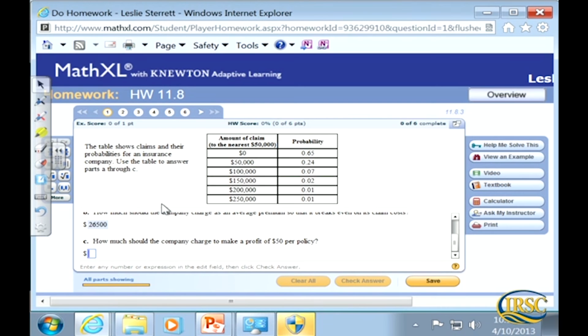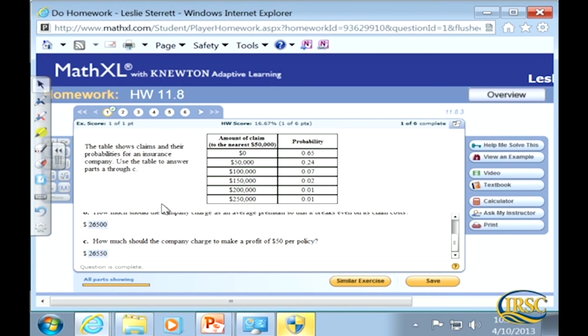But the payments are based on how much they want to make sure they earn over a certain period of time. All right, so how much should the company charge if they want to make a profit of $50 per policy? Very good, $26,550. All you have to do is add what the profit is to what your break-even price would be.